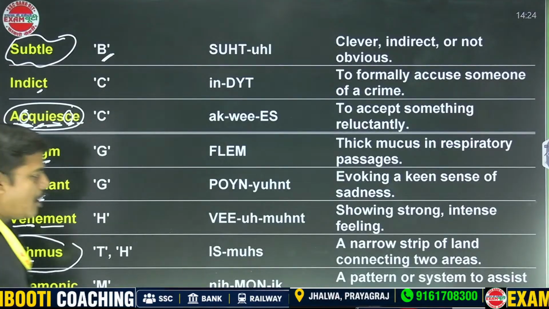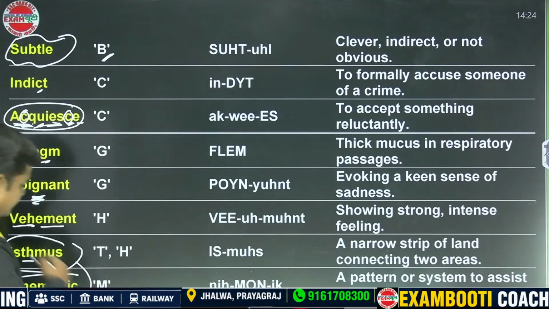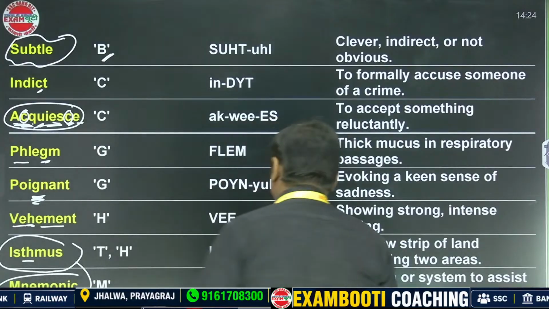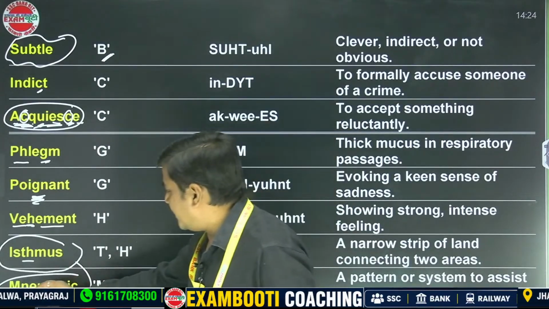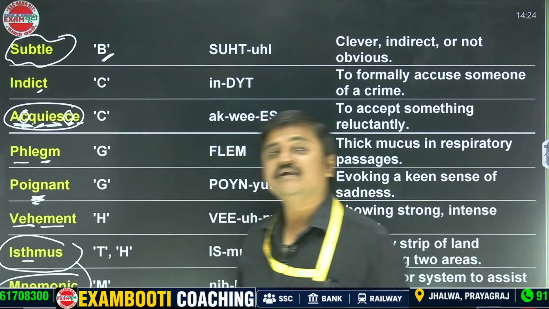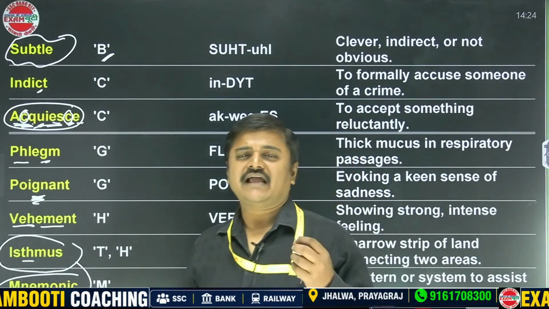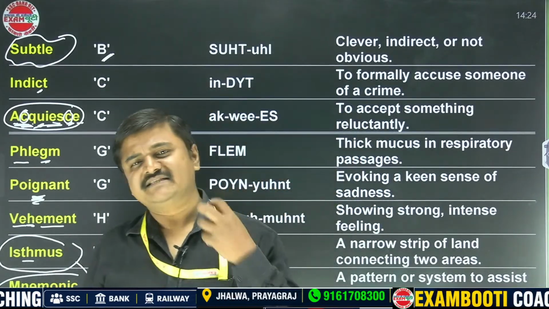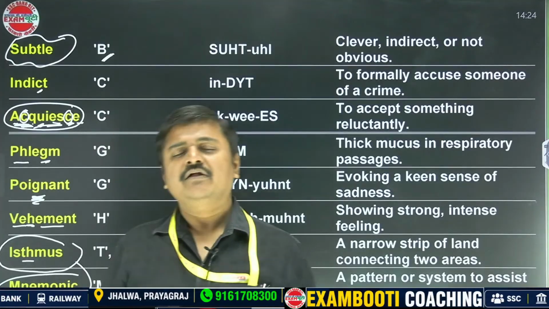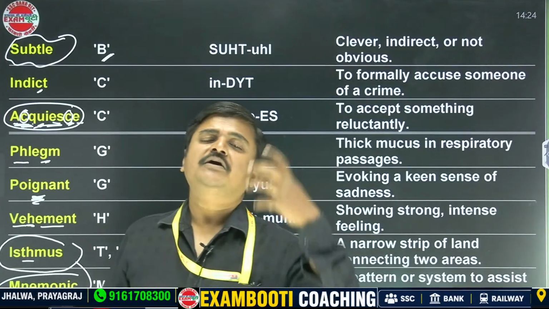Mnemonic. In this word, M is silent. A mnemonic is for a principle or a type of thing which makes it easier to learn something.